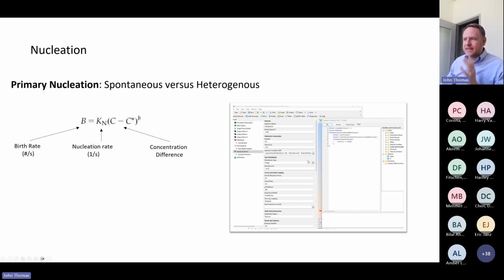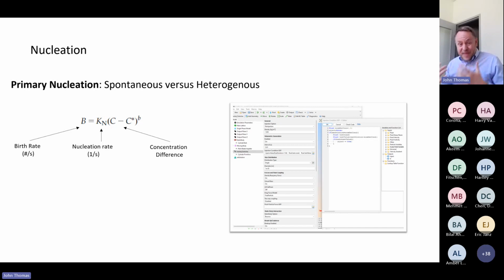Okay, heretofore, I've been talking exclusively about seeded systems, where I kind of threw in some sort of wet seed or dry seed and let the crystals grow on top of that. And some of these broke, as it were, after the fact. As discussed, we can model a primary nucleation process and a spontaneous nucleation process as well.